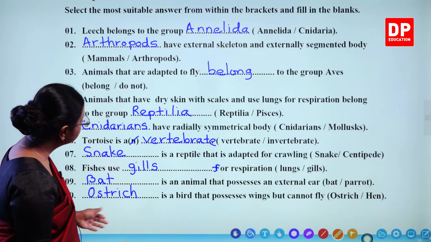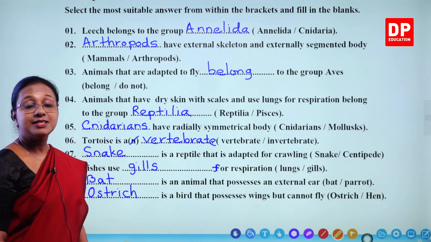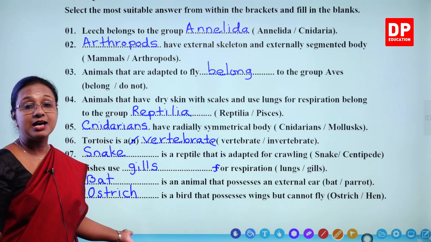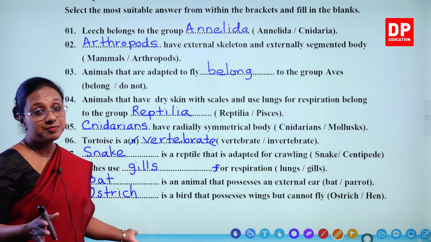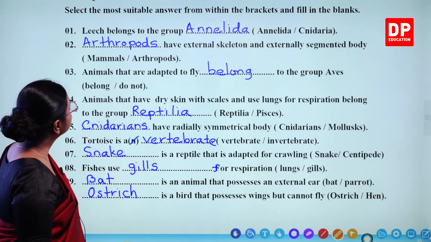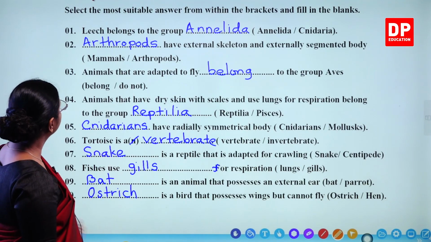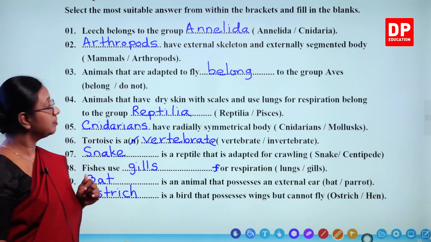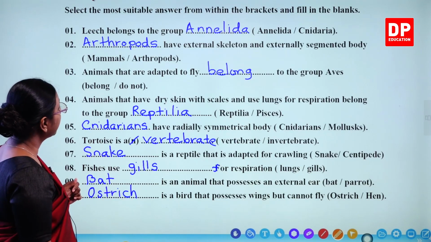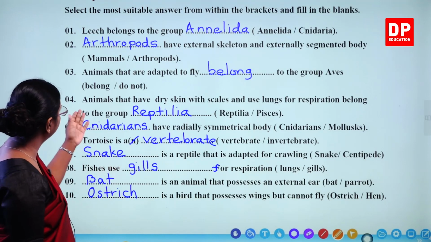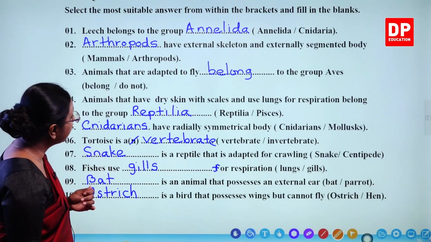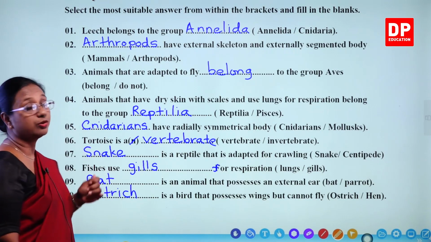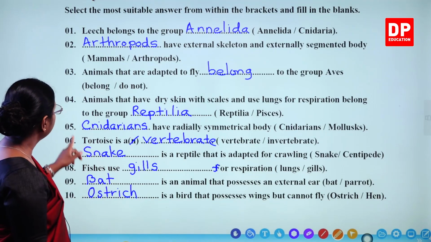Now, are these sentences correct? Did you get them correctly? Were you able to select the answer correctly? I am sure you were. So, leech belongs to the group Annelida. Arthropods have external skeleton and externally segmented body. Animals that are adapted to fly belong to the group Aves. Animals that have dry skin with scales and use lungs for respiration belong to the group Reptilia.